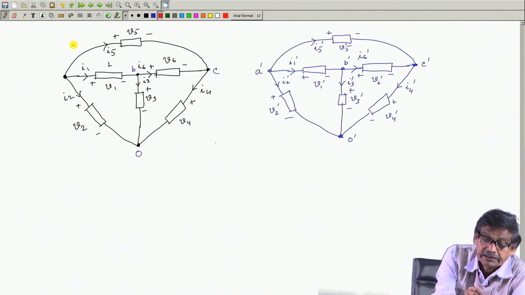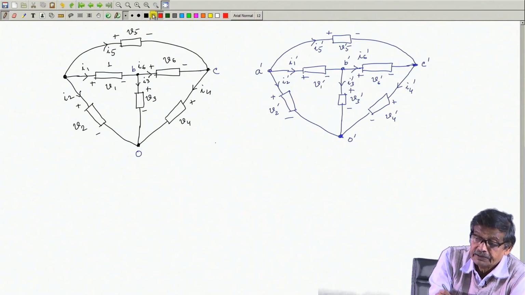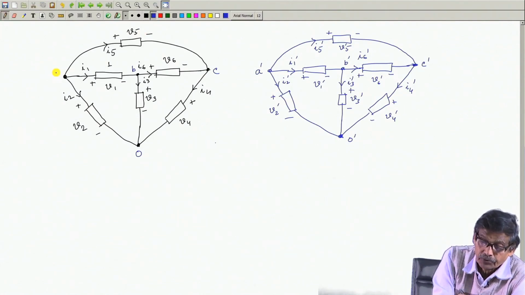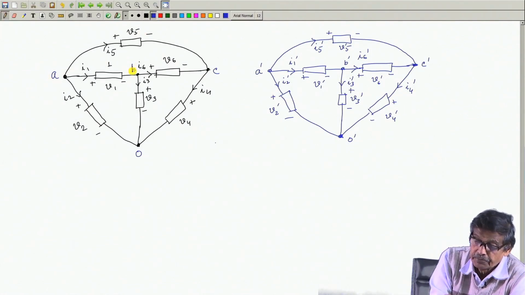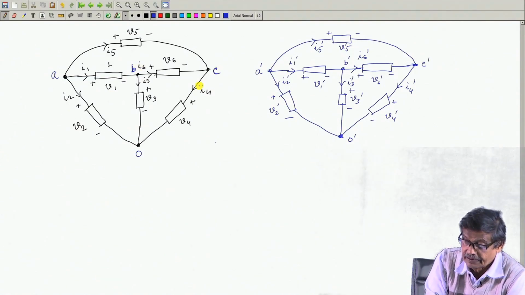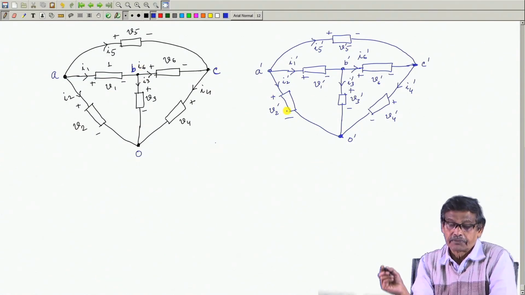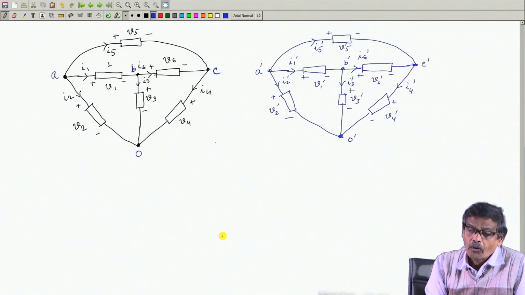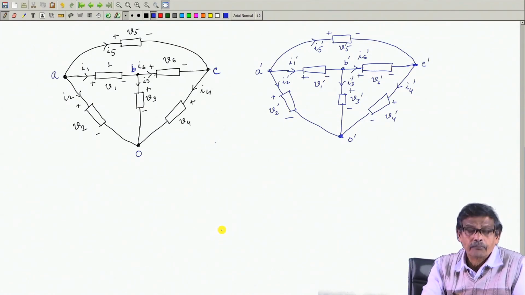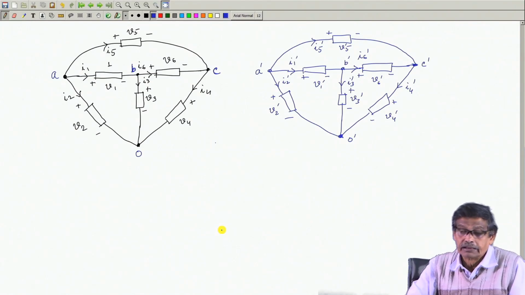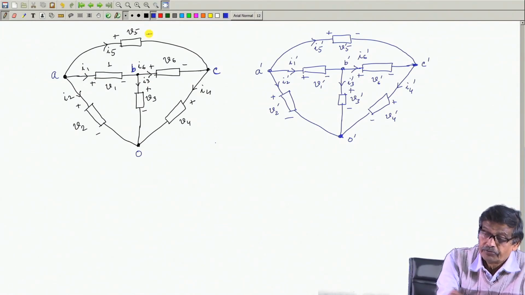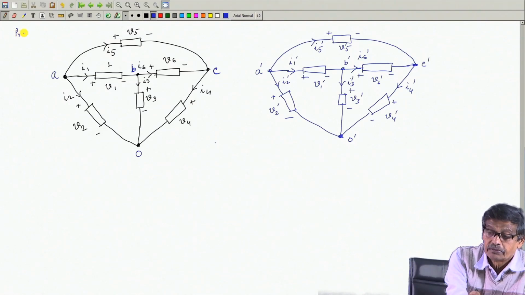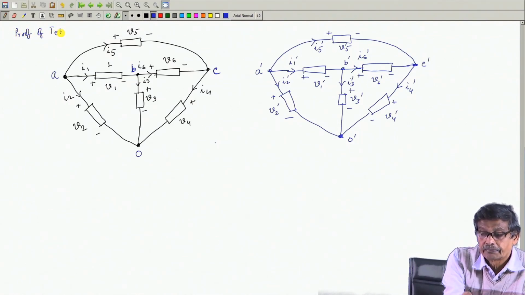The only thing, this has not been copied: this was node A, this is node B, this is node C and this is node A, all things have come correctly. Now, from whatever network, this is the proof of Tellegen's theorem.